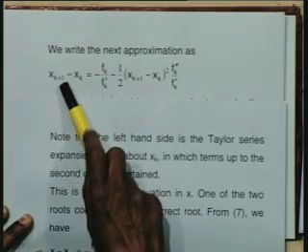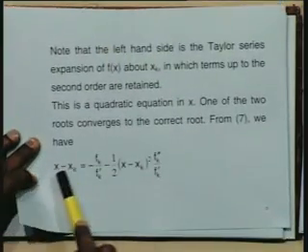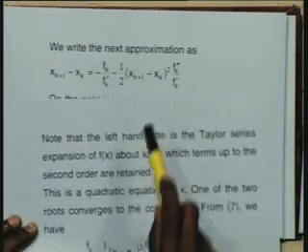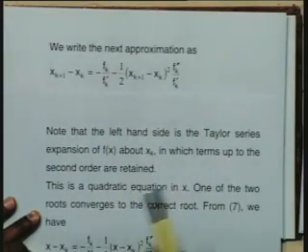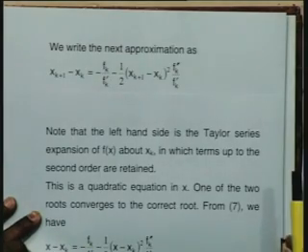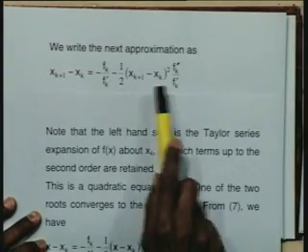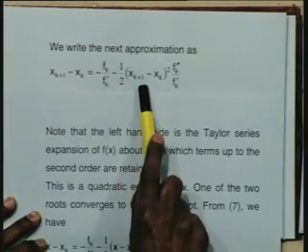Now I will define my next approximation by replacing x by xk plus 1. So I write the next approximation as xk plus 1 here and xk plus 1 here. Now it is still quadratic in xk plus 1.